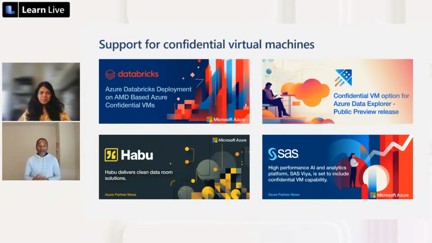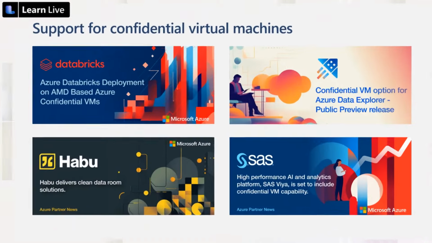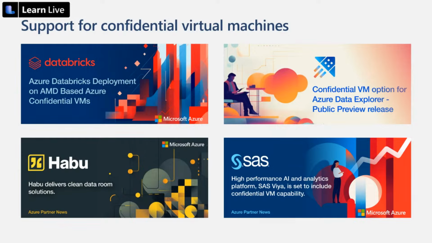Now, coming to the support for confidential virtual machines, I'm super thrilled to see all the updates and the progress we have seen in the context of confidential virtual machines. These updates have been coming from the partners, from ISVs, and from customers. I have seen a lot of momentum at the upstream Linux community as well.